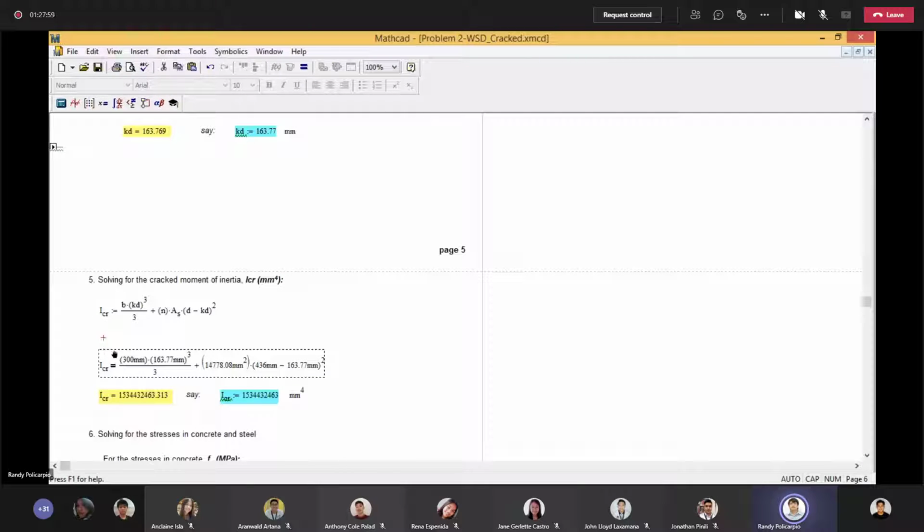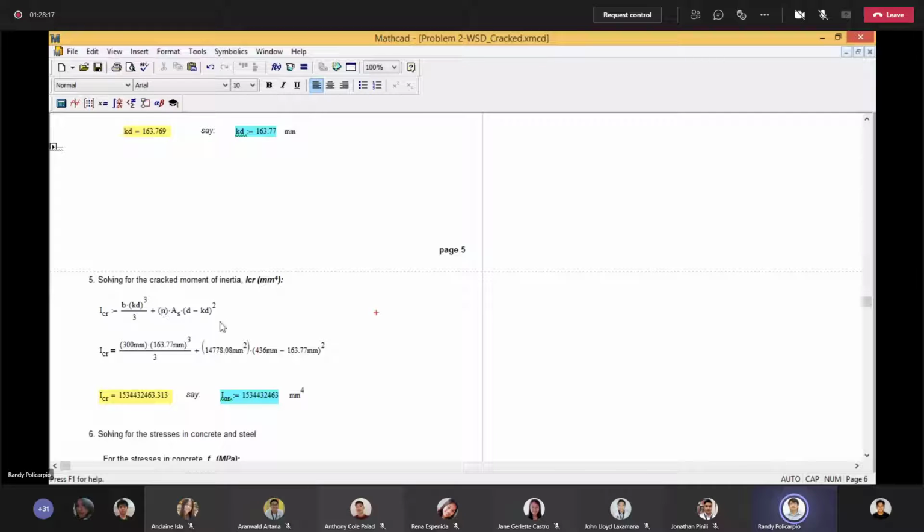Ito mismo yung magiging formula mo: BKD cube over 3. So sa mga libro, we have yung BH cube over 3. Okay? So ito yung magiging moment of inertia ng concrete.